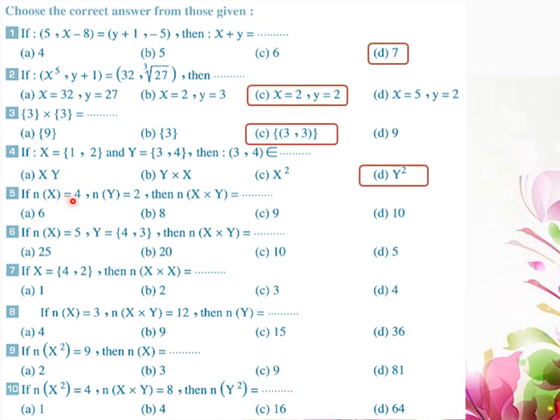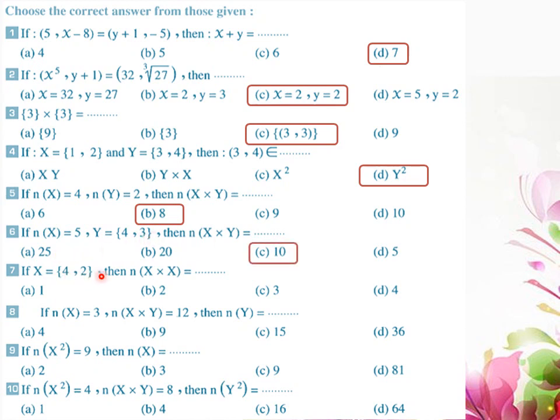n of x equals 4, n of y equals 2, so the number of elements in x cross y will be 4 times 2 equals 8. n of x is 5 and y has 2 elements, so n of x cross y will be 5 times 2 equals 10.